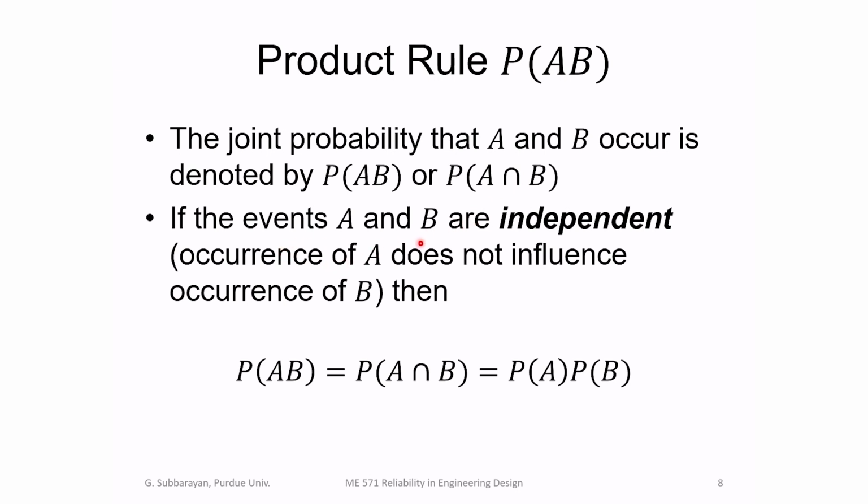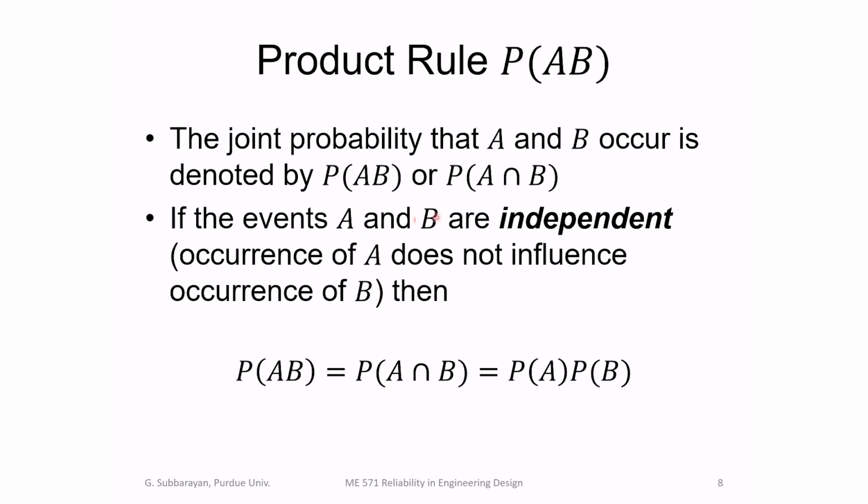If the events are independent, in other words, occurrence of A does not influence occurrence of B. For instance, A might correspond to obtaining a tail in the first of two coin tosses, and B might correspond to obtaining a tail in the second of the two coin tosses.